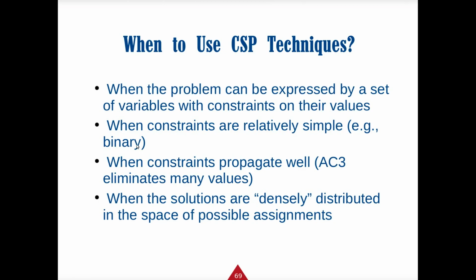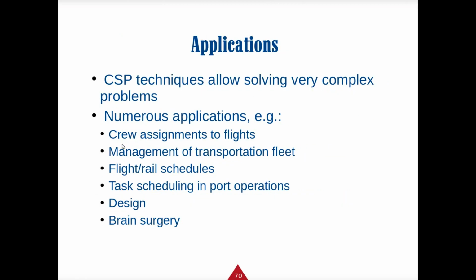The main factor is actually this first one, where the problem can be expressed as a set of variables with constraints. Hence the name: if you have constraints, the C in CSP, this problem can be solvable. And so CSP techniques are used to solve very complex problems. They're usually used when you have finite resources, such as crew assignments to flights, automation of transportation fleets, flight and rail schedules, task scheduling and port operations.